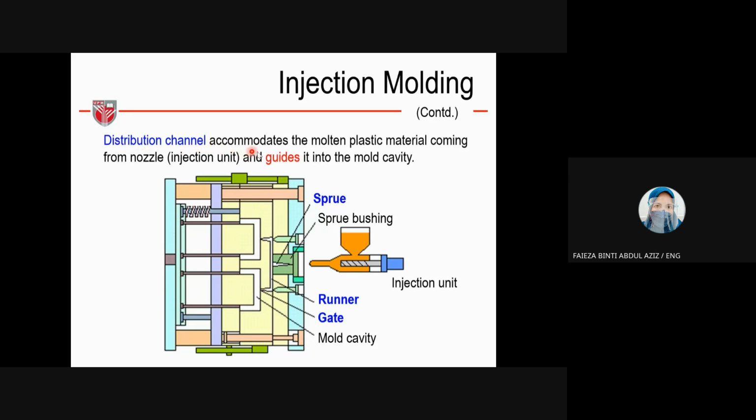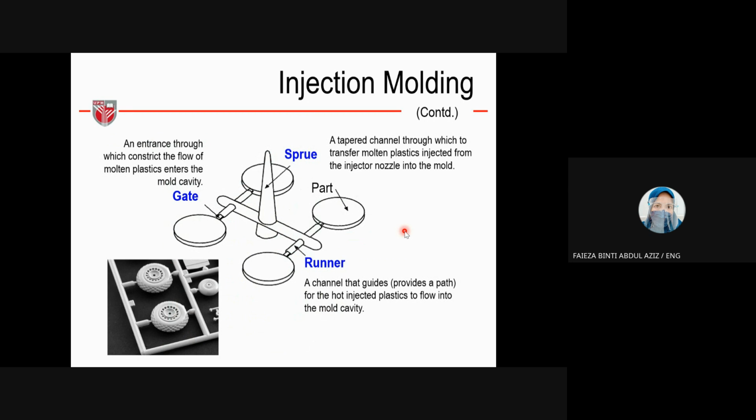So the distribution channel accommodates the molten plastic material coming from the nozzle and guides it into the mold cavity. These are very important for you to know: which one is the sprue, which one is the runner, which one is the gate, and which one is the part. So this is the sprue, a tapered channel through which molten plastic injected from the injector nozzle is transferred into the mold.